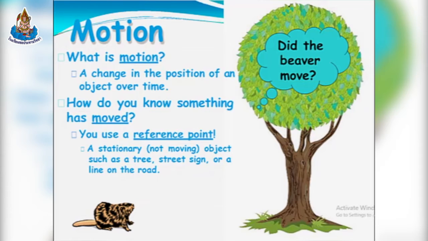So for example, in this picture, you have here the tree and the beaver. So what is the stationary object here? Yes, the tree. The tree is not moving, so it is a stationary object. When you see the beaver move, when you look at it again, and if it has moved to the right, meaning it is moving, there is a motion because there's a change in the position of the beaver.